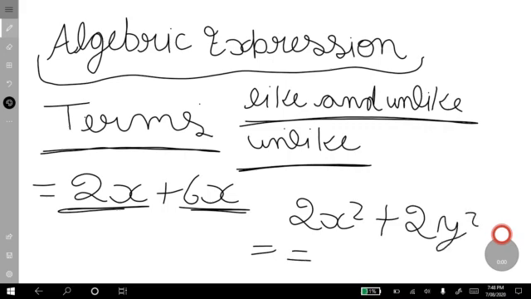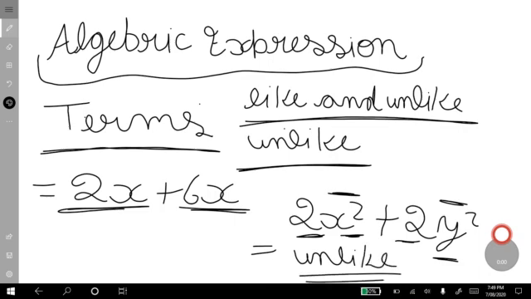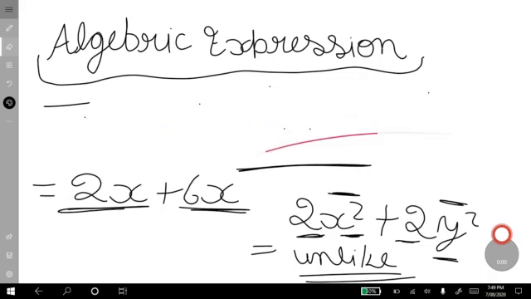Again, we look at the variables, not at the numbers. In this one, we have x raised to the power 2, and in this one, y raised to the power 2. So this is unlike. I hope you understand. Now let's move to another topic.